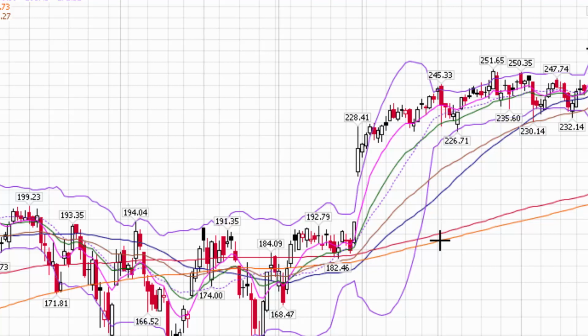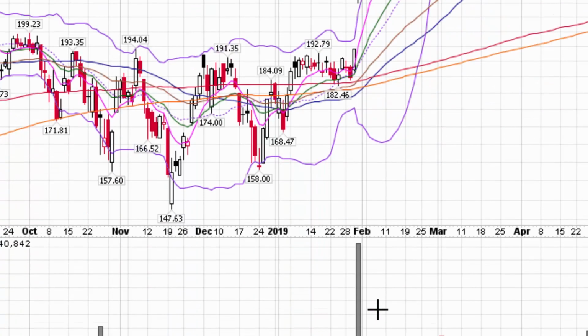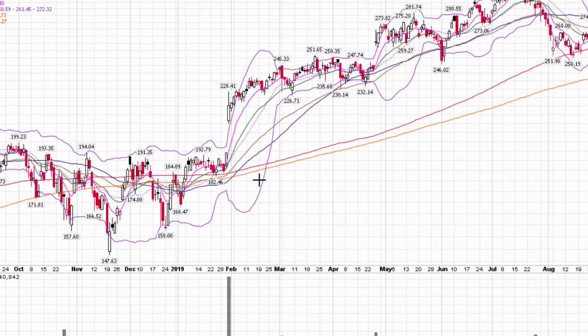Okay, but the more conservative entry point was a move above, I think it was 194.50, around there, 194.20, 30, something like that. That didn't occur until late January. And it happened to occur with a catalyst, which is great. They had a big earnings beat on both the top and bottom line.